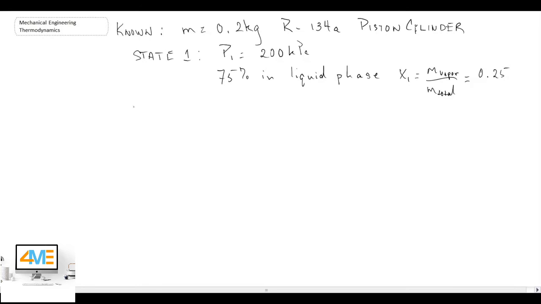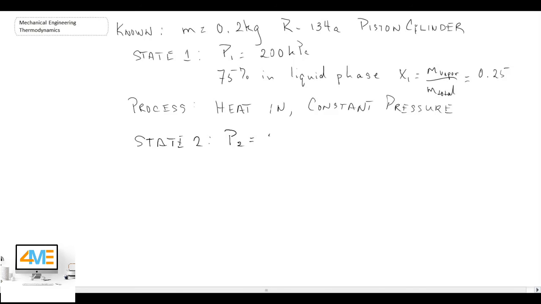Now the process that is underway is one of heat addition. And we were also told that it was at constant pressure. And at state 2, given its constant pressure, the pressure will remain at 200 kPa.